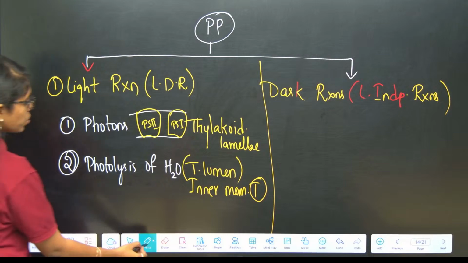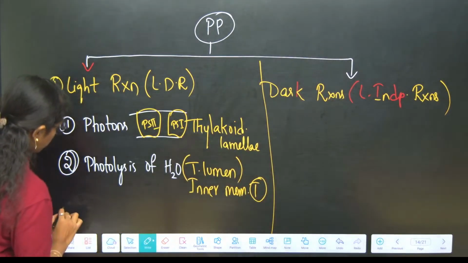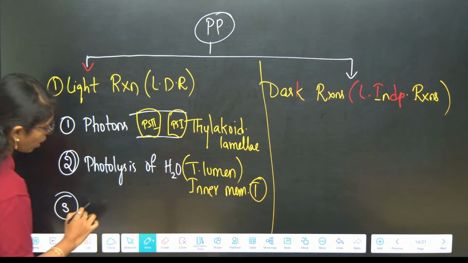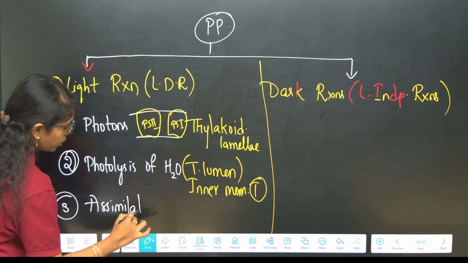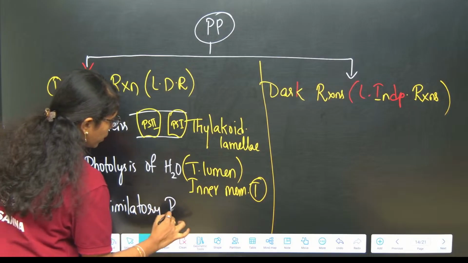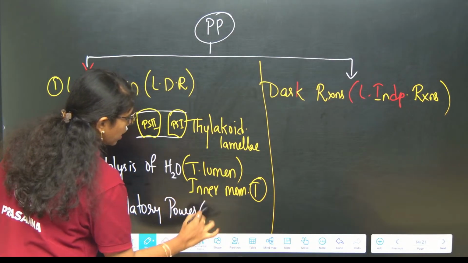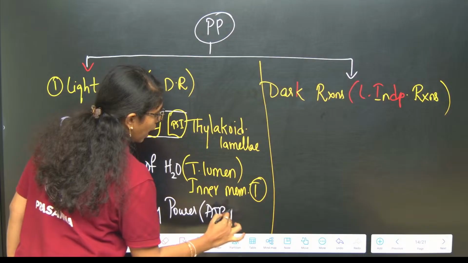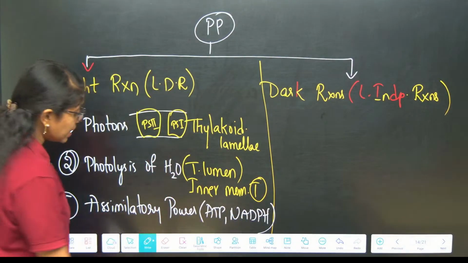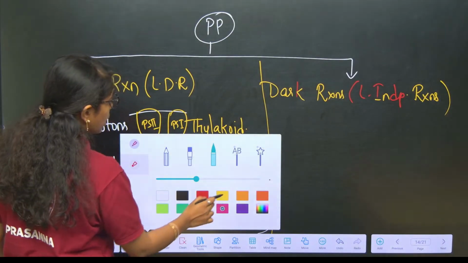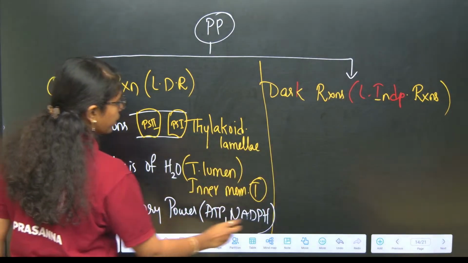And third event is what, beta? Third event is formation of assimilatory power. Assimilatory power, that is ATP and NADPH. Fine. This assimilatory power is utilized to fix what?